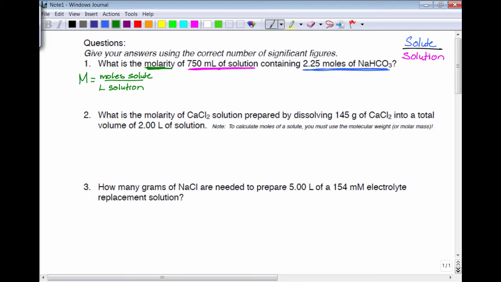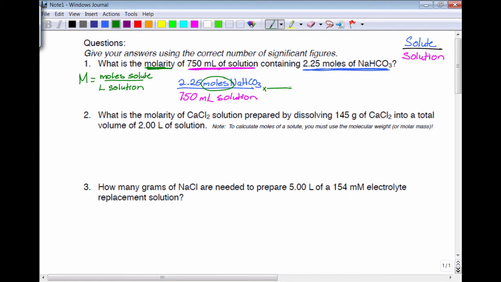Now, if we just start out by putting the solute amount on the top and dividing by the amount of solution that we've been given, this turns into a simple unit conversion problem. We already have moles of solute on the top, but we need to convert milliliters to liters.